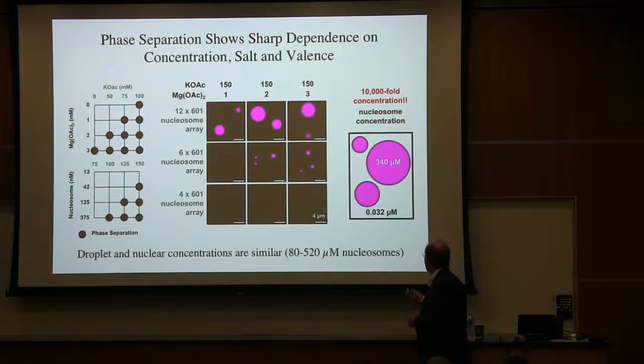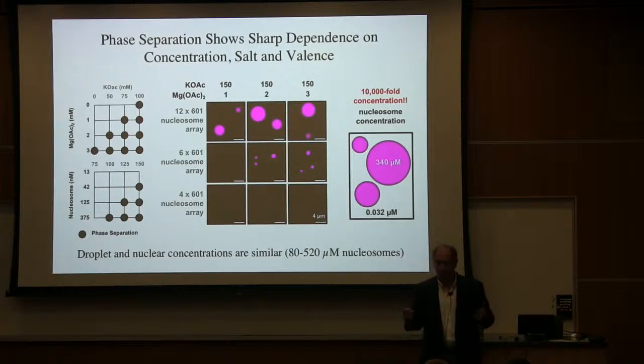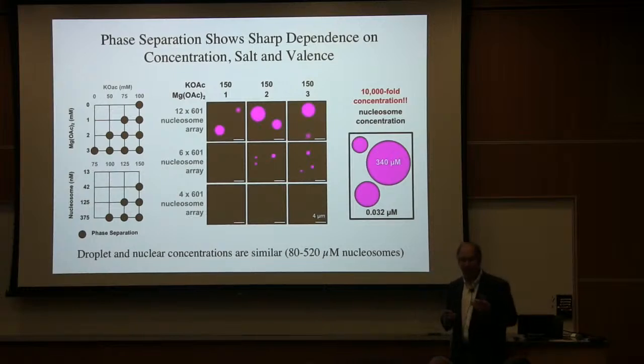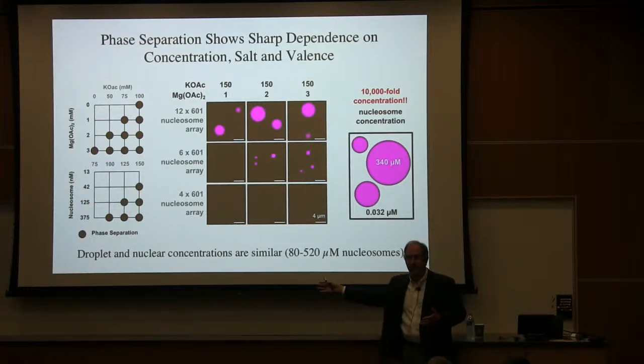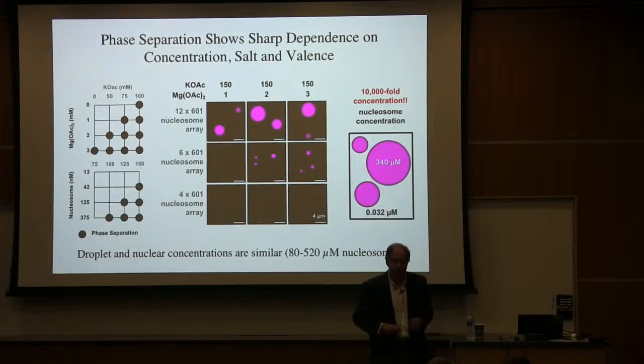More substantively, though, the concentration of nucleosomes within the droplets is at least within the range of nucleosome concentrations that have been measured in eukaryotic nuclei, which of course doesn't mean this is what's going on in nuclei, but at least we're not 2 orders of magnitude off, right? So this kind of compaction, or this kind of a process, could at least contribute to what's going on in cells.